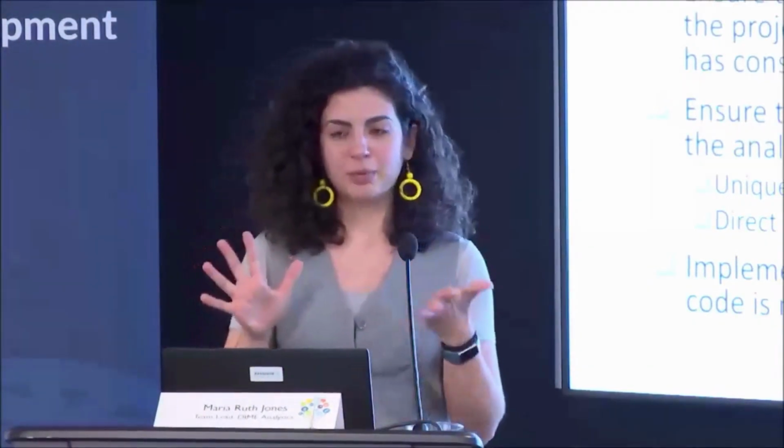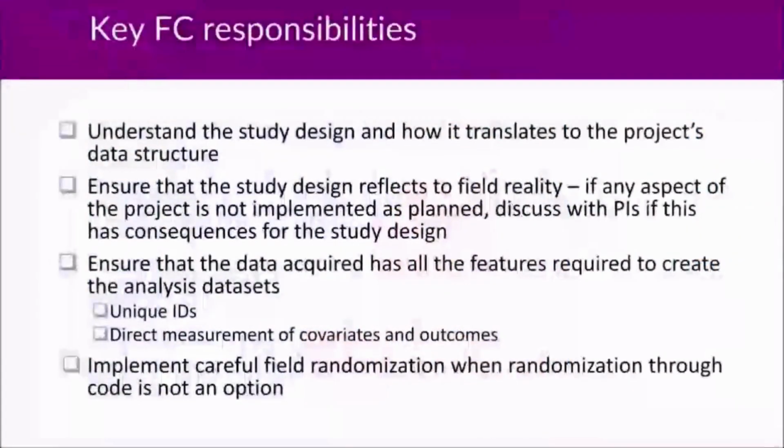So just to sum up, as field coordinators, when it comes to translating research design into a measurement framework, there are 4 key responsibilities that you have. The first one is to understand the research design and how it translates into the data structure.